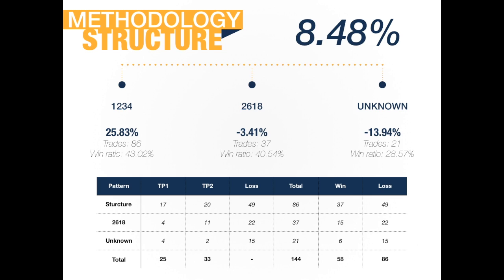You see that there's an unknown component. Basically, it's because during the entire month of May and early June, we didn't record sufficient information to tell us what trades they were. So when we do this analysis, we do not have sufficient information to know whether the setup falls under the 1, 2, 3, 4 or the 2, 6, 1, 8.